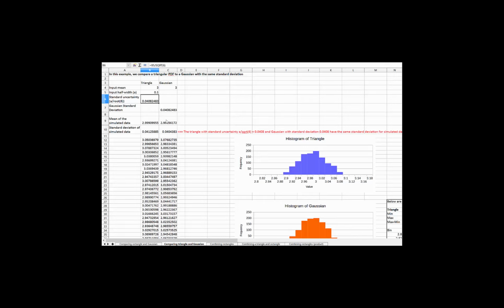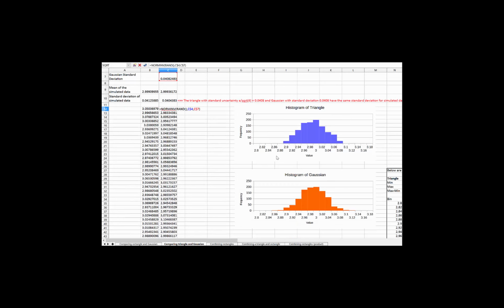Again, if we repeat and do the Gaussian that has that same mean and standard deviation, this is the input standard deviation, and I use that to make my Gaussian data. So there I use that mean and that standard deviation, and I still get 3 and 0.04.